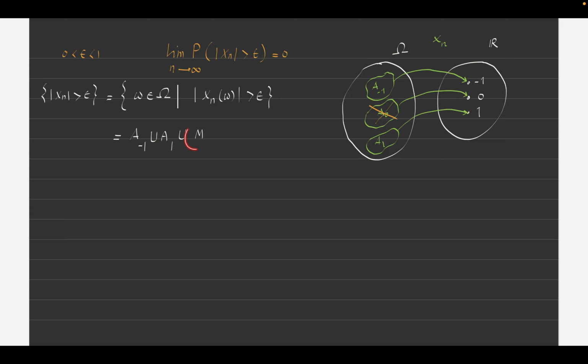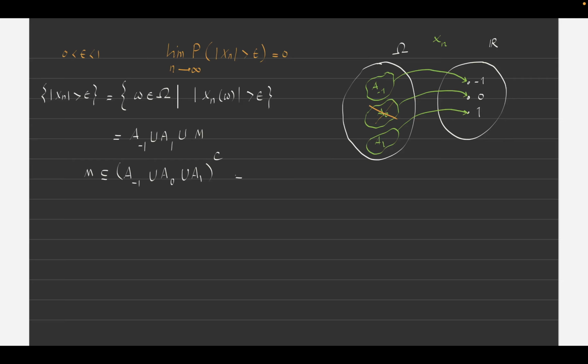So what is M? M is this region outside all of these green regions, and from there, you find all possible omegas for which this is satisfied. Of course, this M might be empty, but this is not guaranteed. But one thing is clear, whatever this M is, this M is a subset of the complement of A minus 1 union A0 union A1. It lies outside this union.